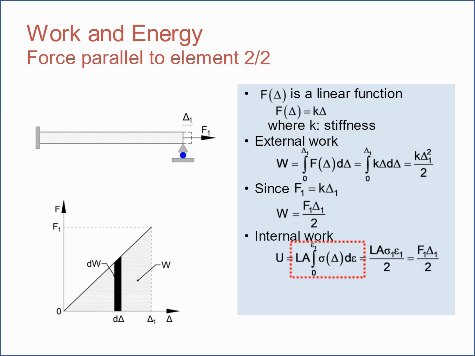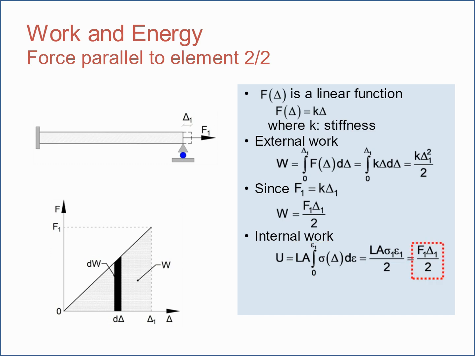The internal work, U, is equal to the volume of the element, which is given by the product of the length times the area times the integral of the stress integrated with respect to the differential strain d epsilon between 0 and epsilon 1.